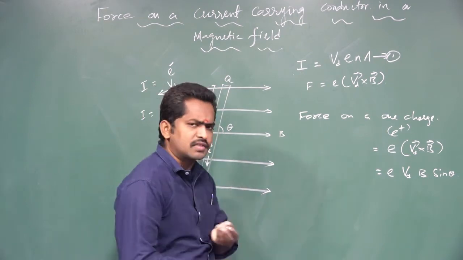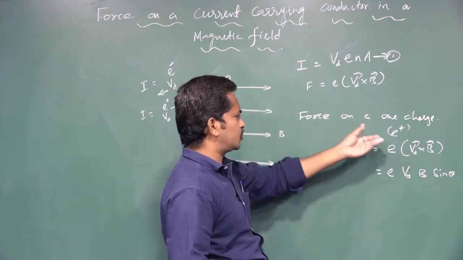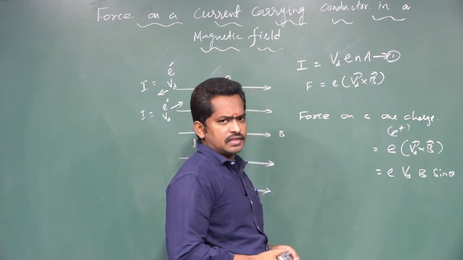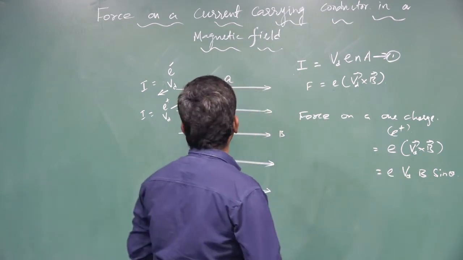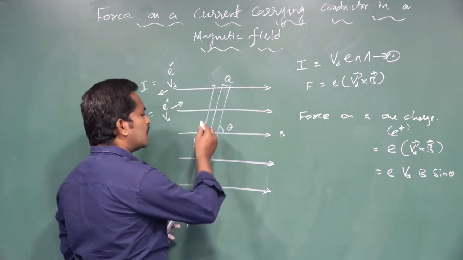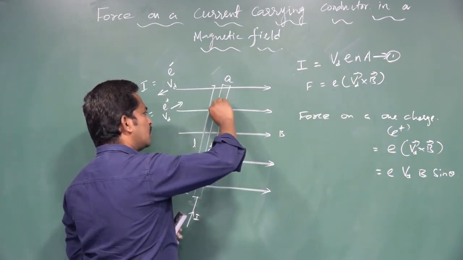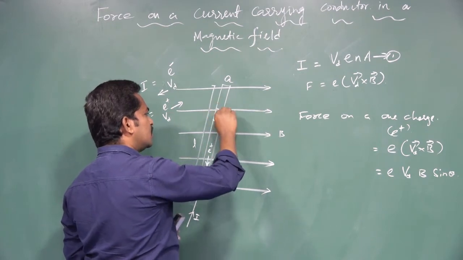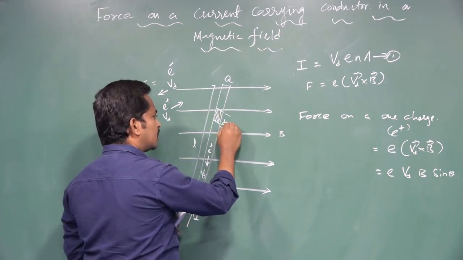I take just one single electron. Force on one charge is equal to e Vd B sin theta. So consider one single element in the total length. I take a small element of the current carrying conductor, dl.